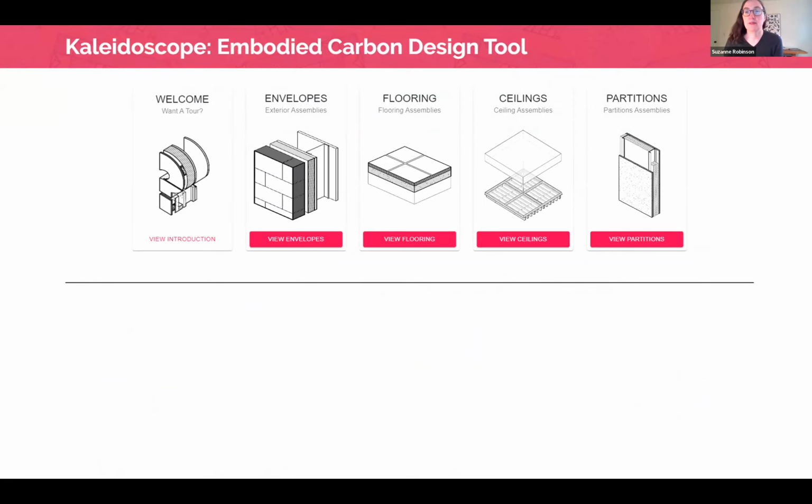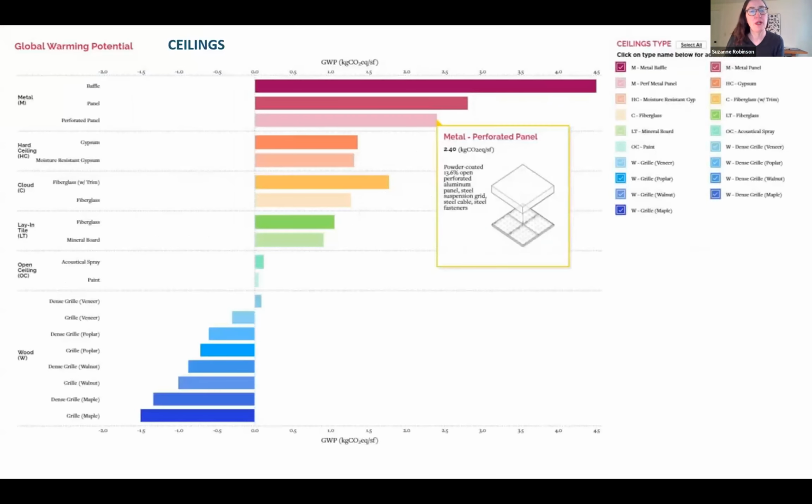One of the tools that is useful to know is the Kaleidoscope. This is specifically looking at embodied carbon for some of the key features that architects design: envelopes, flooring, ceilings, partitions. It was developed and is shared for free from Payette Architects, a local architect in Boston. Here's an example where you can see a general order of magnitude understanding of different ceiling types.